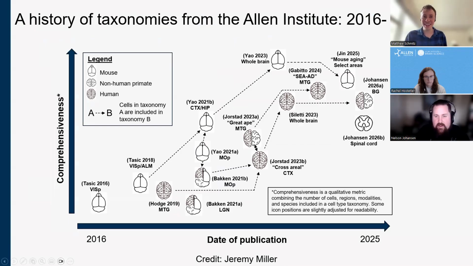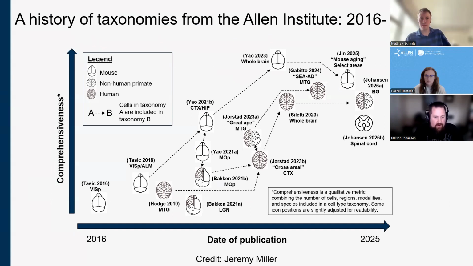Great. Thanks, Matthew. So we did this amazing profiling across species using multiomics, but how do we build a cross-species taxonomy? That's what I'm going to try and give an overview of. But first, I think it's helpful to reflect on the Institute's work in developing taxonomies across brain regions.